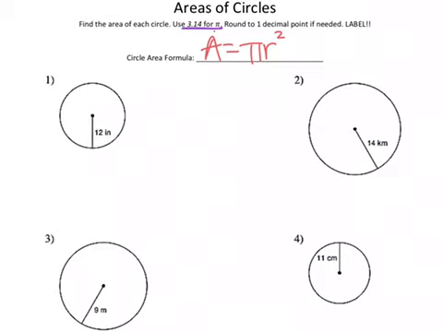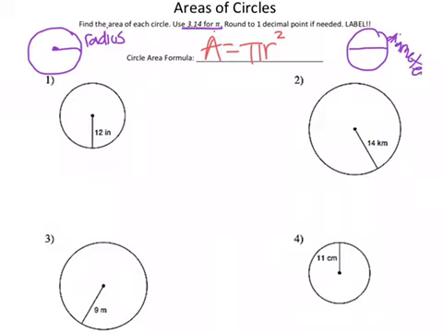Now, let's first talk about what r means, okay? When we have a circle, the r is the radius. The radius is halfway across from the middle of the circle out. Now, you will also see situations where we have the entire way across. That's called the diameter. Hopefully this is all review.